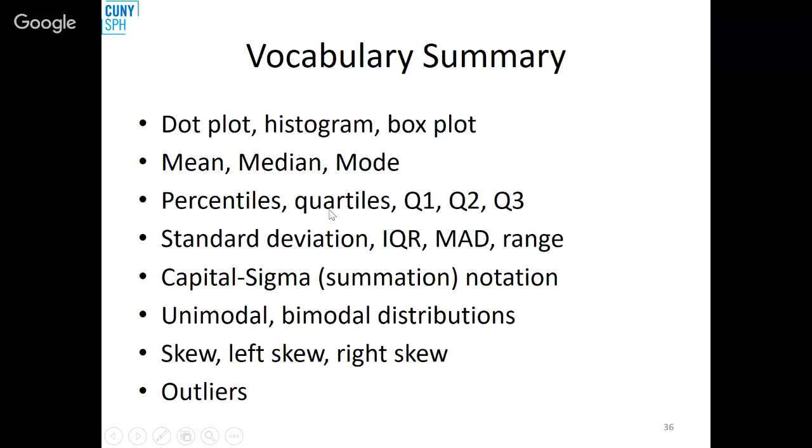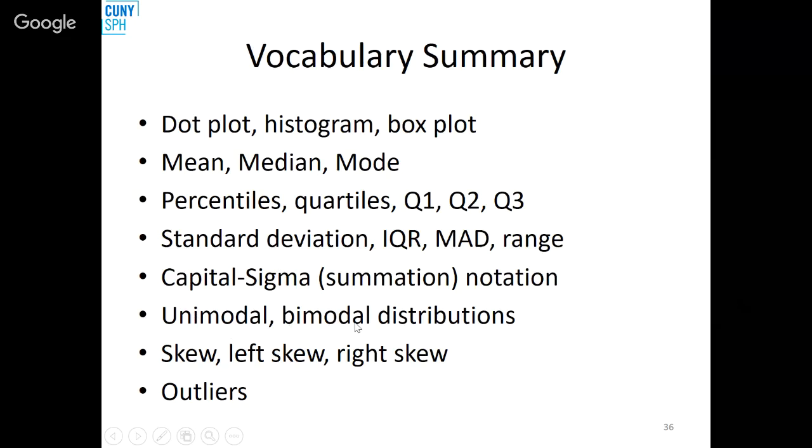We have percentiles and quartiles as summaries of the distribution, and standard deviation for describing the spread of a normal distribution, and IQR, median absolute deviation, and range for also measuring spread. We covered the capital sigma notation. This, as well as the notation for samples and populations, again, are summarized in your syllabus.